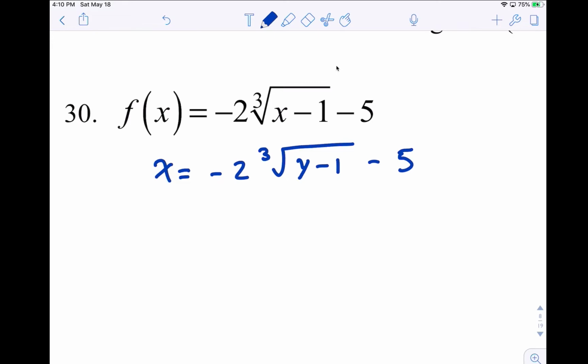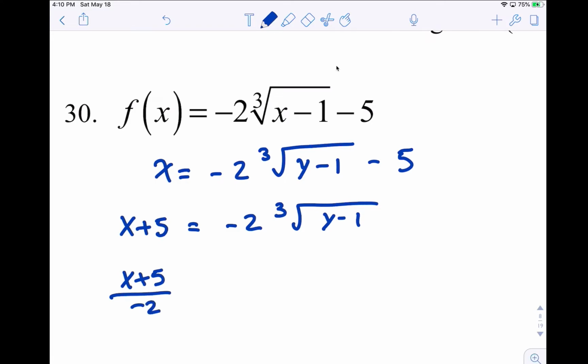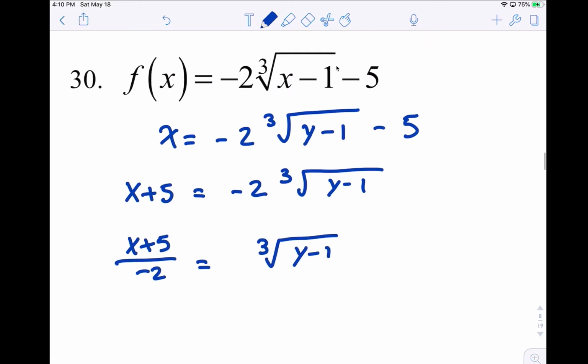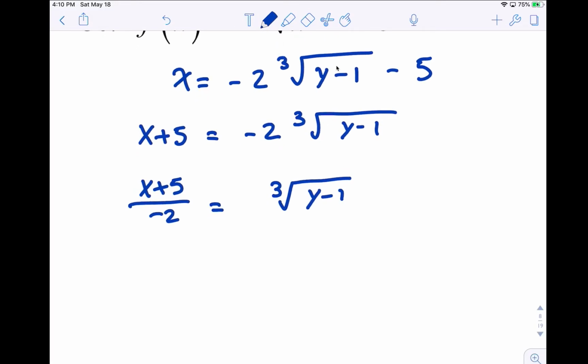Okay, so we're going to add the 5. And then I'm going to divide by -2. So I have x plus 5 over -2. Now to get rid of the cube root, I need to cube both sides.